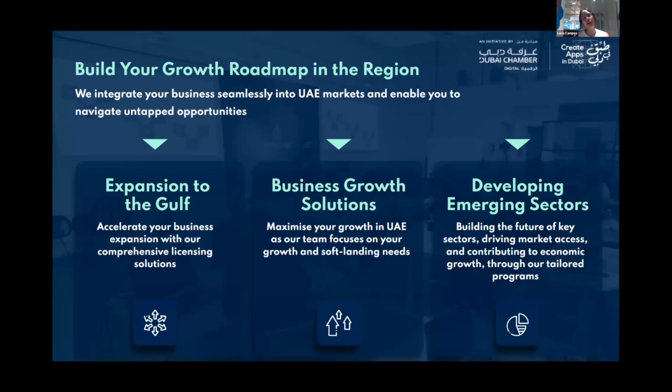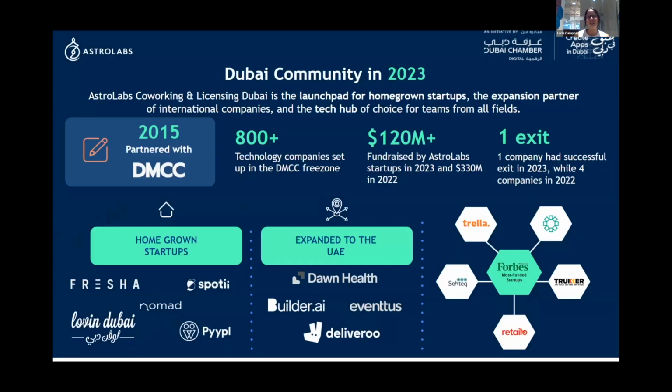And finally, we also have a program arm, which is not so relevant to this presentation. However, it is important because we do collaborate with leading private organizations as well as government entities to build these programs, which allows us to have a very expanded network, which can obviously be very handy to our members.